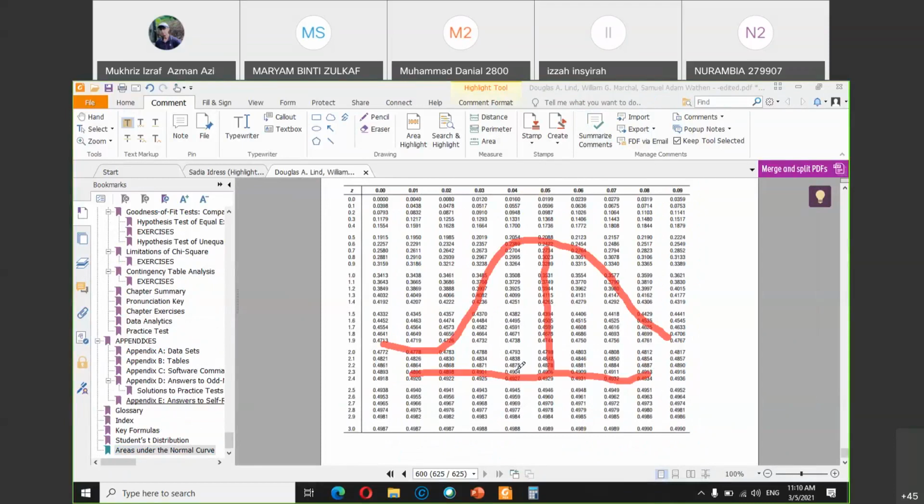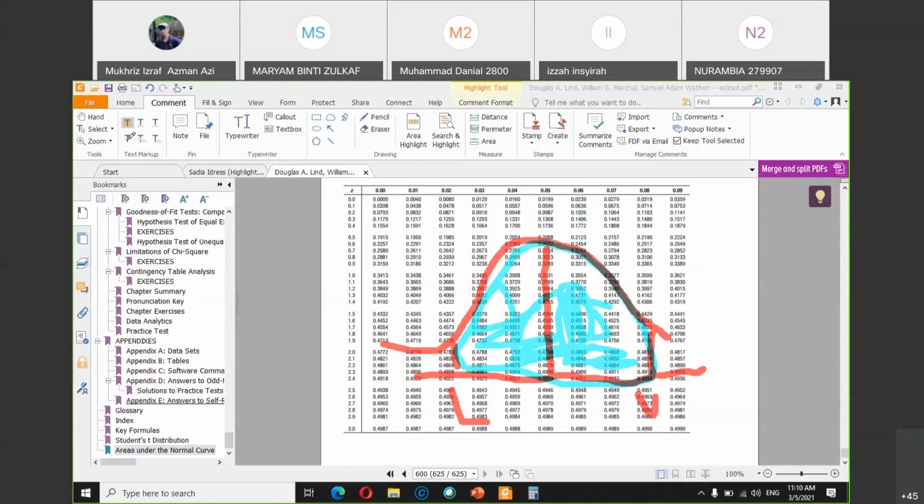So it is the center. So 99% CI means the area under the curve between the lower and the upper boundary, this area will be 0.99, correct? So this will be 0.99.